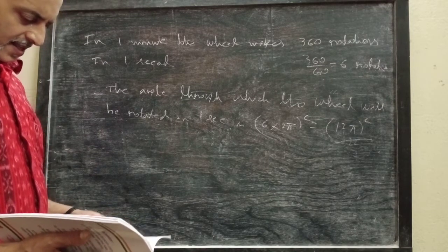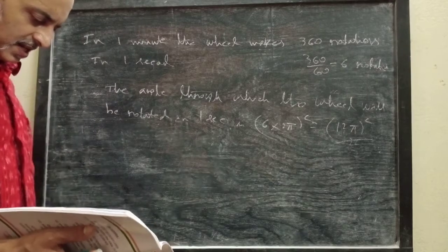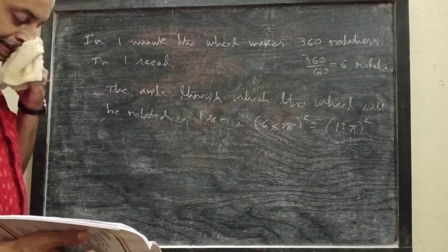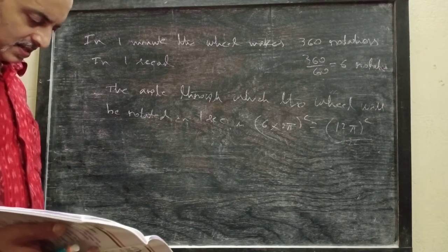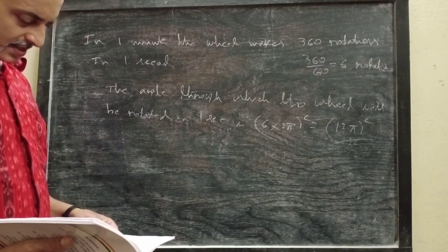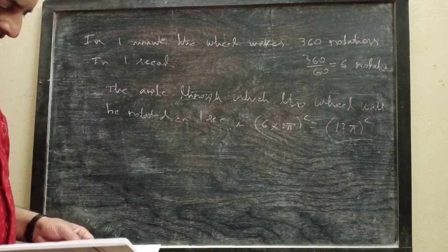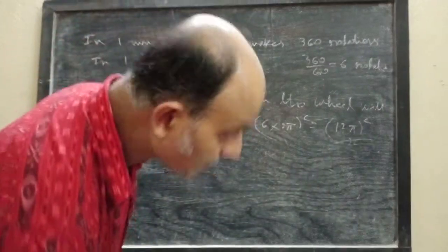Next question, find the angle in radians through which a pendulum swings if its length is 75 cm and the tip describes an arc of length this. Okay.